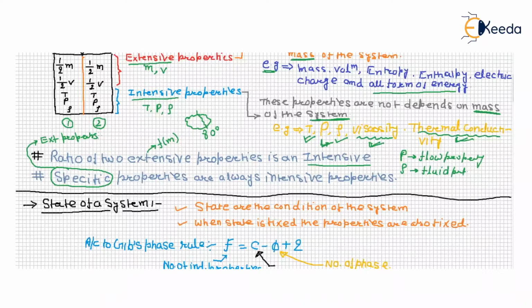That means an extensive property already depends upon the mass, right? And when you divide by the mass, the mass term will cancel out. So the result that comes into the picture is independent of mass. That means an intensive property. You can remember it like that. Okay. Now, the other fact is about the state of the system.